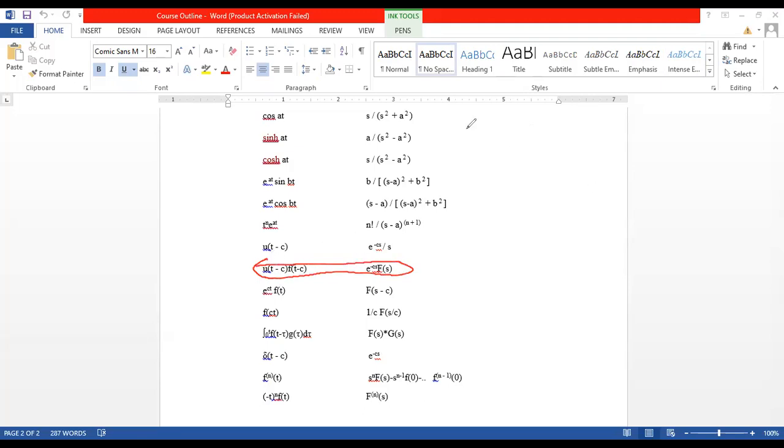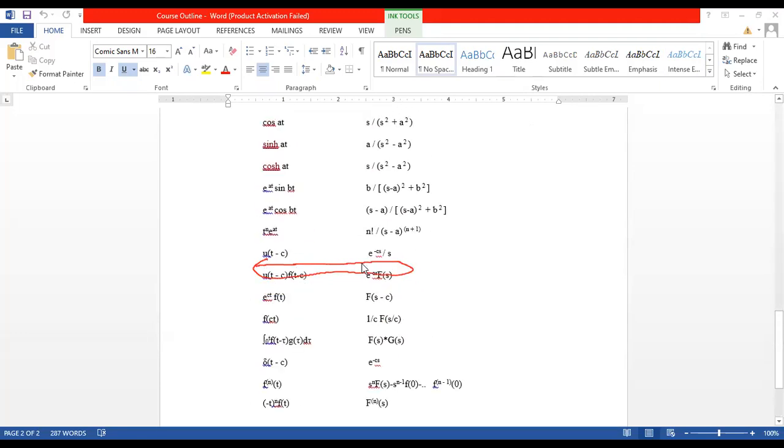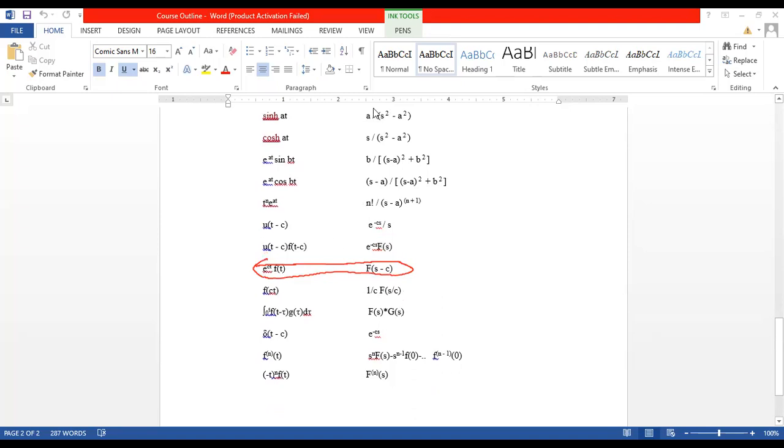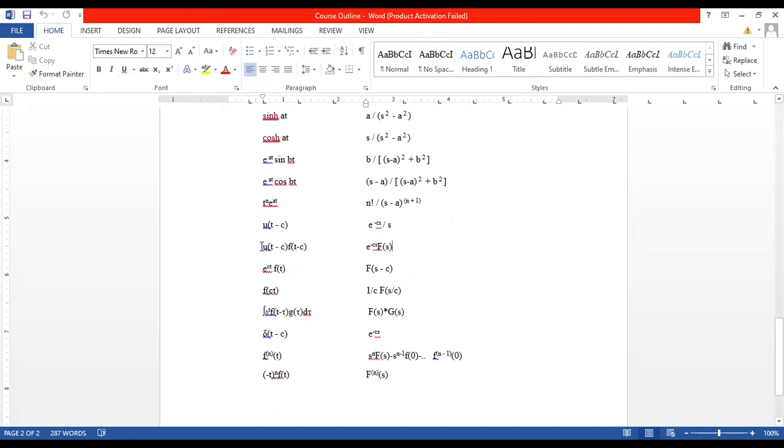If you have e to the minus cs, this thing can give a few problems.